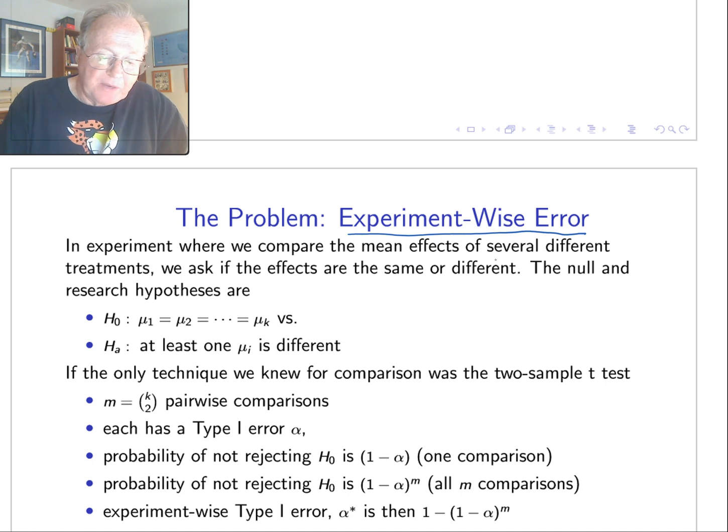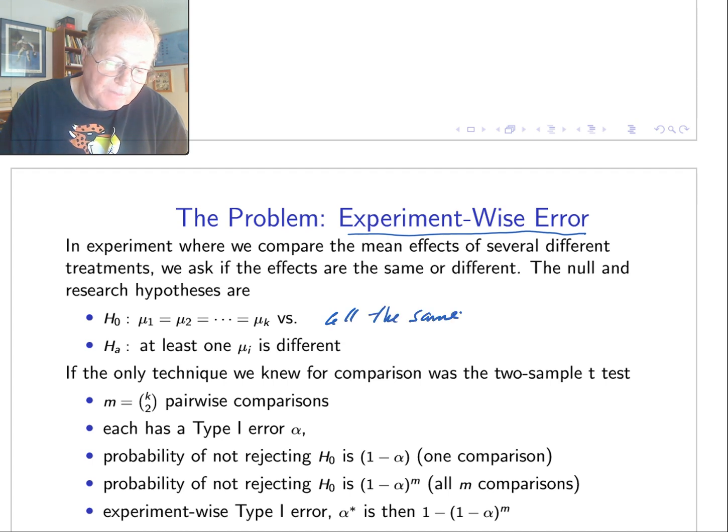When we compare the mean effects of several different treatments, we ask if the effects are the same or different. The null and research hypotheses are, well, the null, all the same, or the research hypothesis, at least one is different.